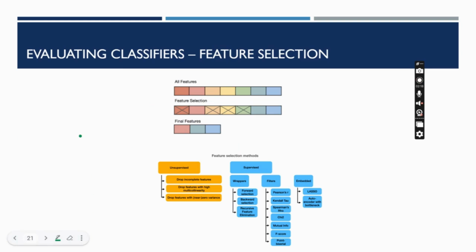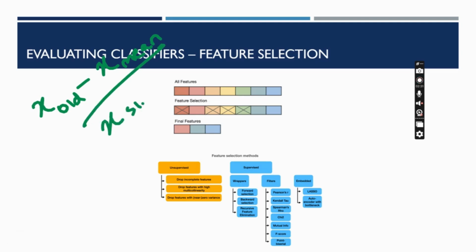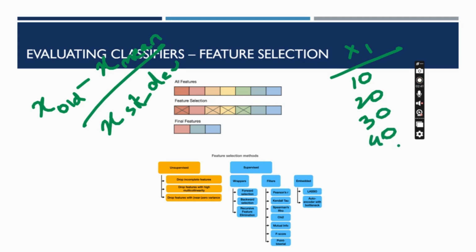Now there can be another technique. The old data will be subtracted by the mean and divided by the standard deviation. So we have x1, which will have, say, 10, 20, 30, 40.